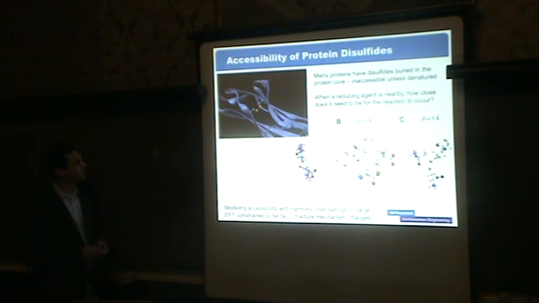Then you can do simple simulations to understand how the accessibility of the molecule plays a role in the chemical strength. When the reducing agent is far away from the molecule, you can't really have the breaking of the bond, whereas when it's very close to the molecule, the breaking of the bond becomes much more favorable.